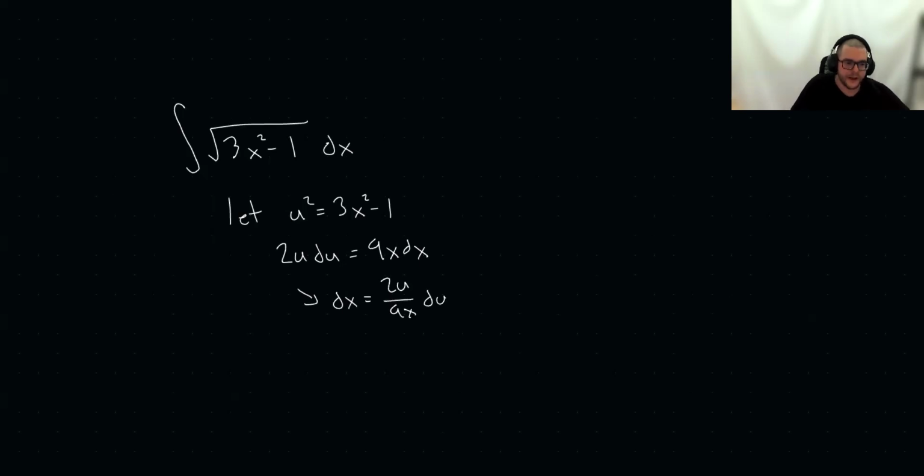And so I can replace in my integral the stuff under the square root and the stuff in the dx. I could say it's 2u over 9x du, oh, sorry, not dx, du rather.